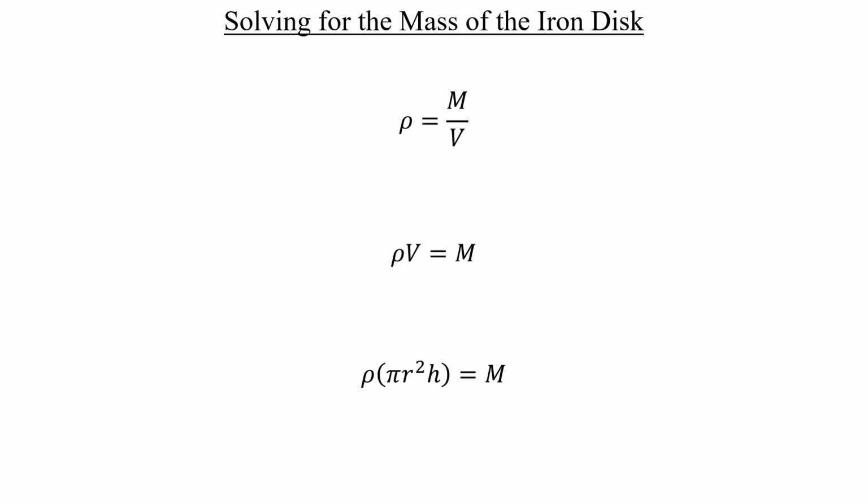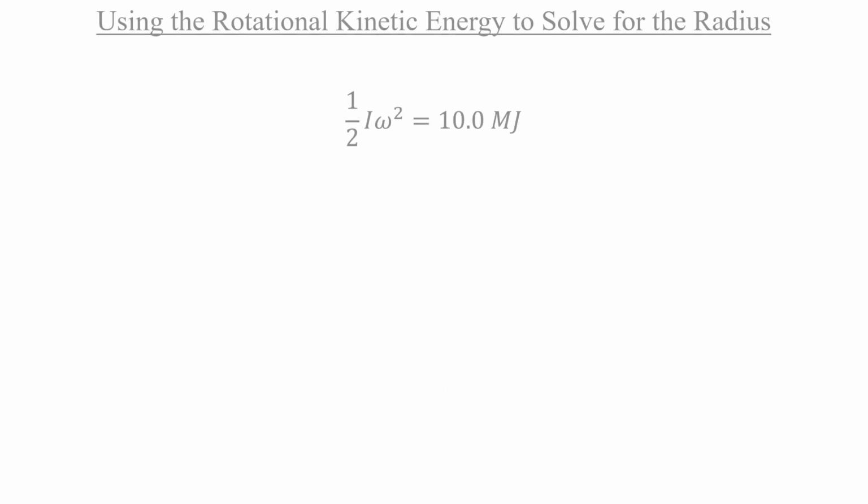So let's take 1/2 mv squared and switch out the linear variables of mass and velocity for rotational ones. And here's what that looks like. With that complete, the expression is going to be equal to that 10 megajoules of energy that we want the disk to hold on to.